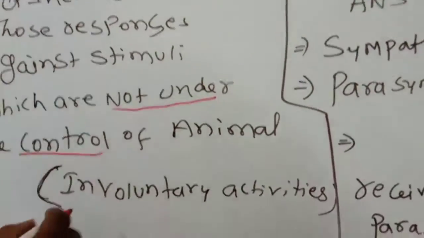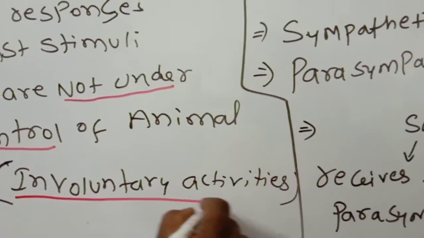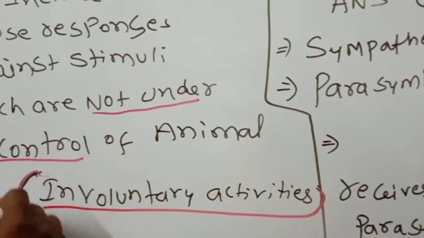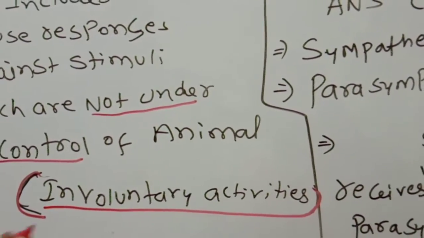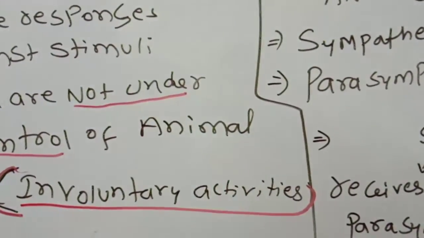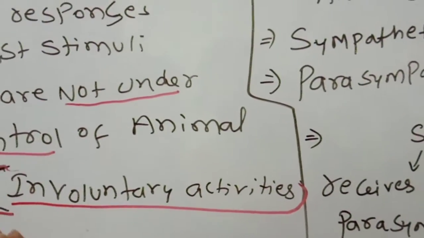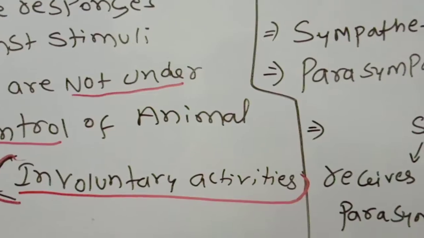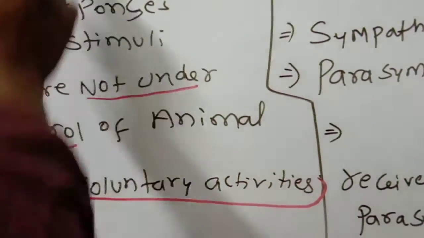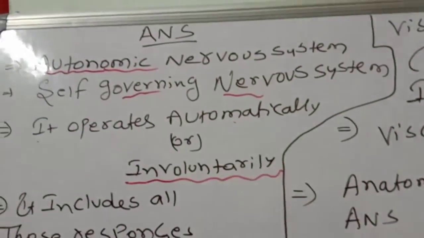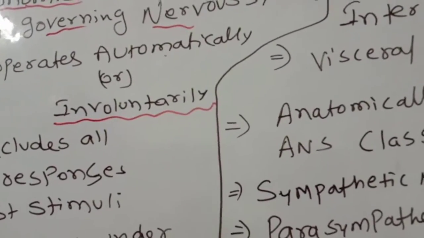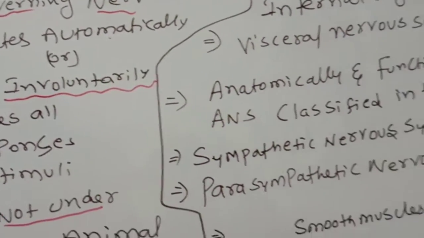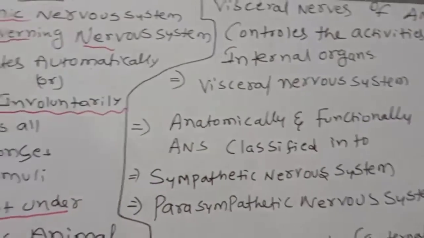So these are called involuntary activities. Pancreas, liver, heart, kidneys, these all are under control of the autonomic nervous system. If any response is needed in the liver, without involvement of the animal, it will respond to the stimulus. That is only the ANS.